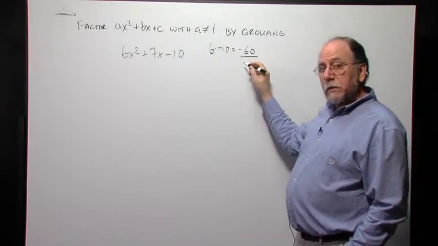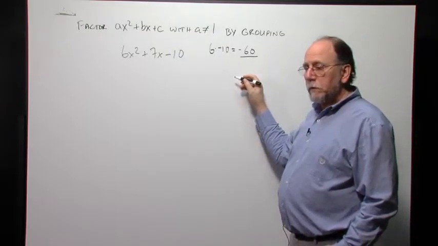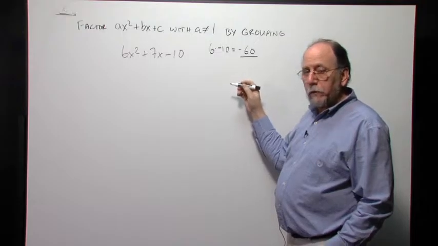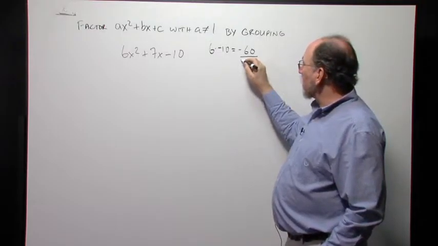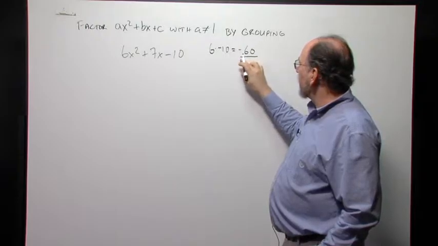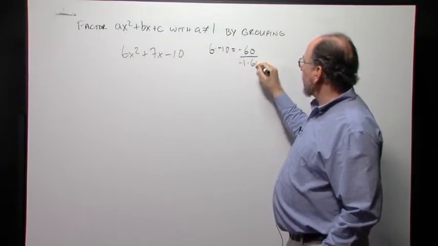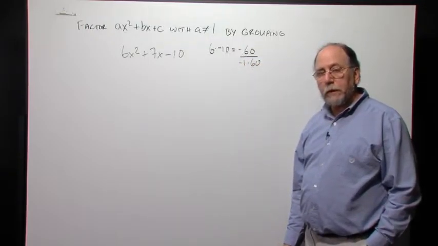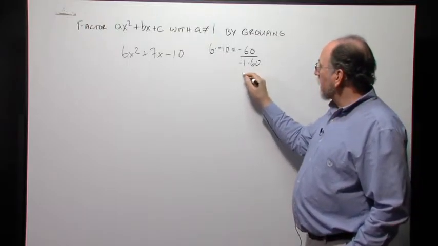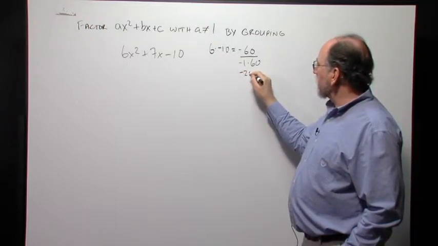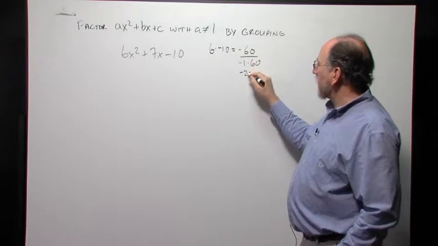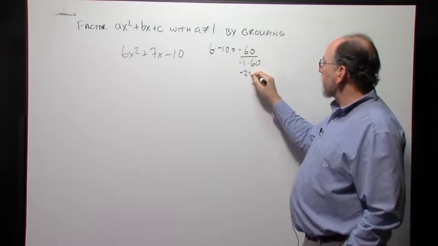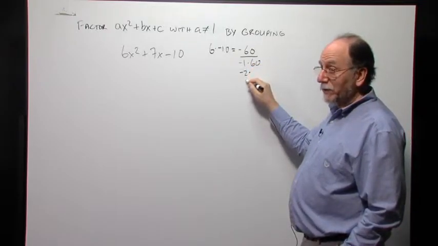And you can do this systematically or hunt for them, whichever you like. I'm going to do it systematically. We'll start with 1. Negative 1 times 60, or two factors that multiply to get negative 60. And then we'll pick all the numbers that divide into 60 as we go along, the whole list of integers.